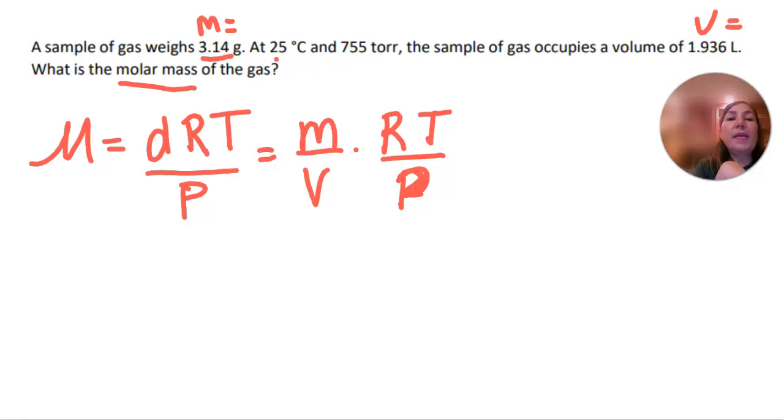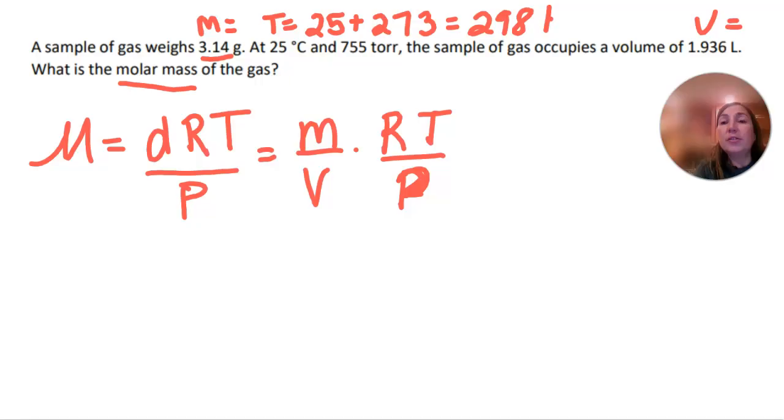And then we do have a temperature, 25 degrees C, although we're going to have to quickly add 273 to convert to 298 Kelvin, just so we don't forget. I like to do that right away.